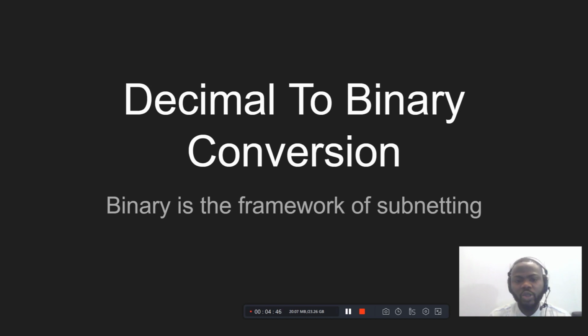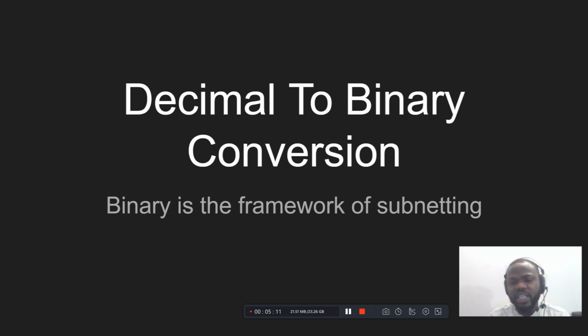And why do we have to understand how to convert decimal to binary? This is because computers don't understand decimal numbers. It's not easy for us as humans to read 111100101110, which are binaries.